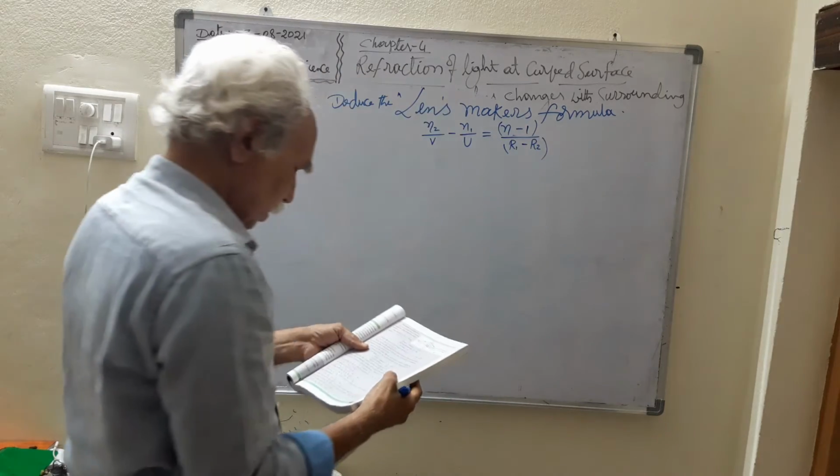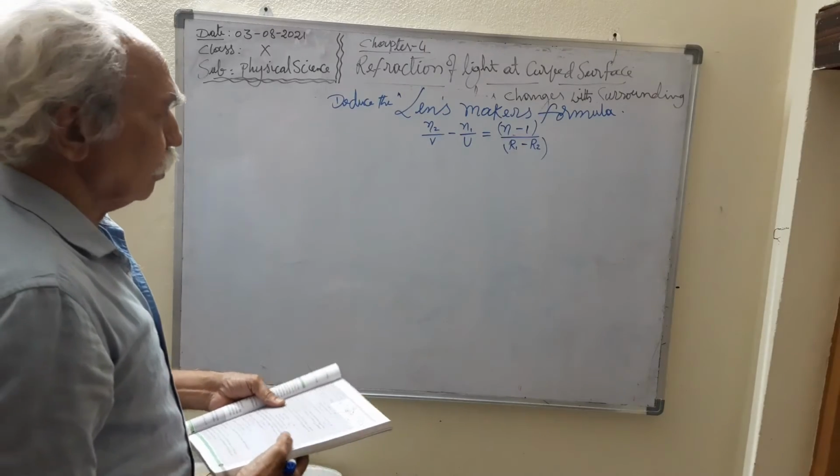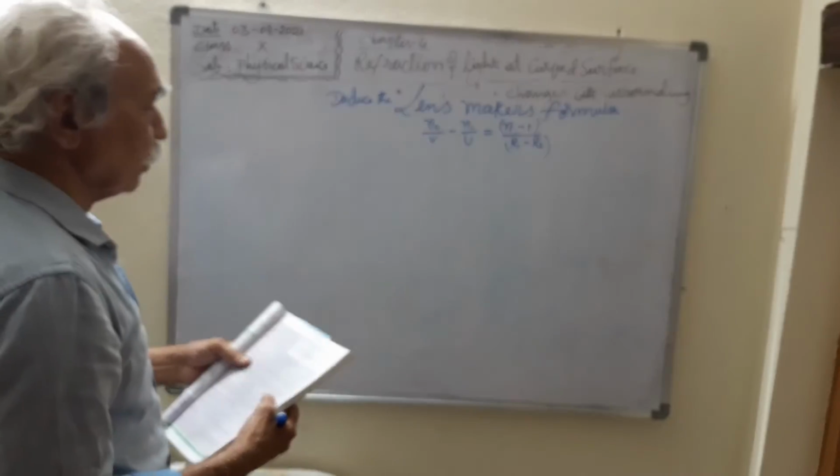This is called the lens maker's formula. We have to deduce this formula.